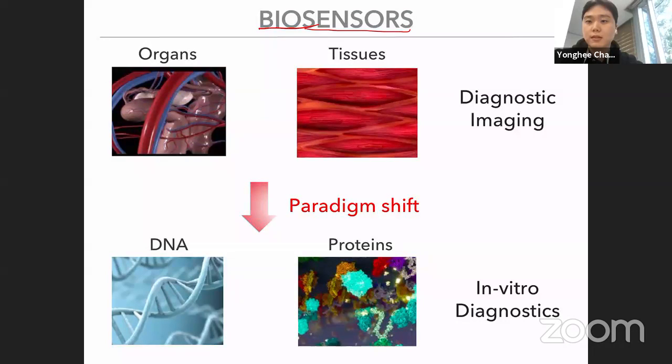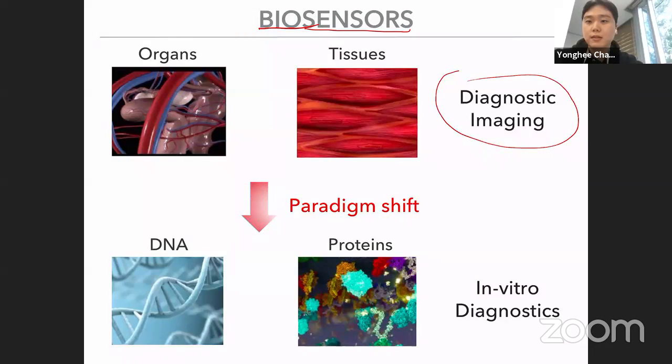Back in the day, diagnostic imaging was the most popular method. We can scan specific images like MRI or CT and check whether we have diseases or not. The limitation of those methods was obvious. It was hard to diagnose at an earlier stage due to its inconvenience.